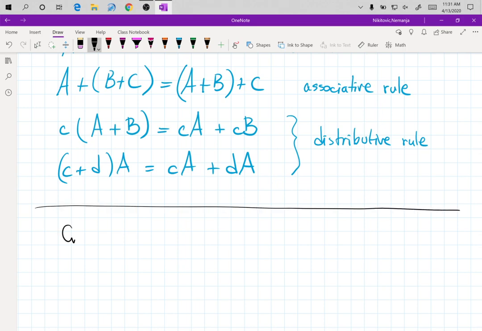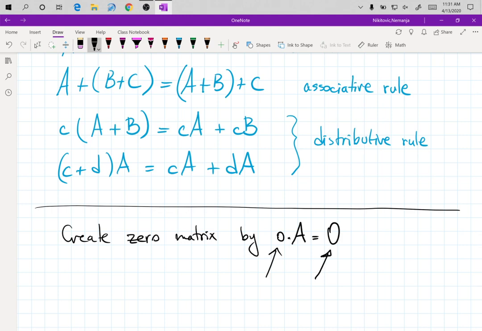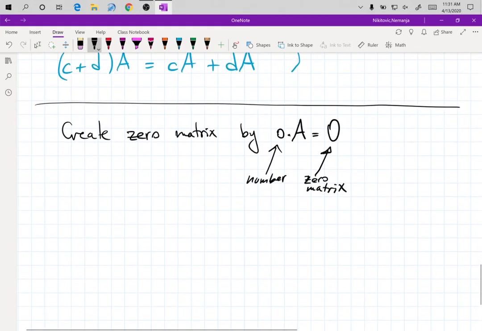You can create a zero matrix by multiplying 0 times A. Note that my small 0 times A creates a zero matrix. So these two zeros are not the same, right? This is the number, and this is the zero matrix. So be careful about that.